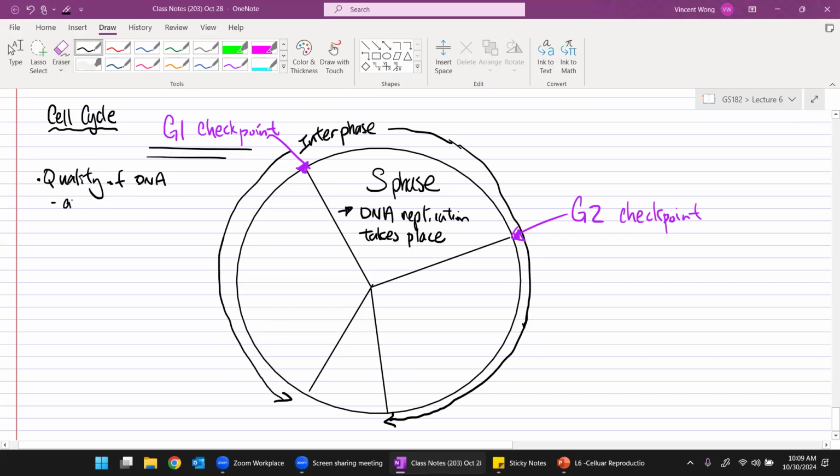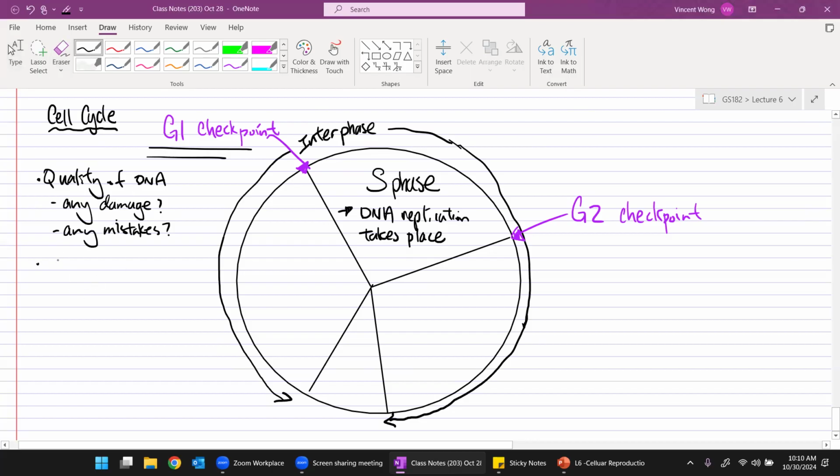For example, any damage, any mistakes, like an A pairing with a C instead of an A pairing with a T. If there are mistakes like that, you've got to fix it. If there are damages, you need to fix them as well.